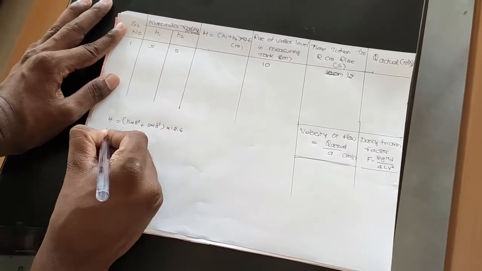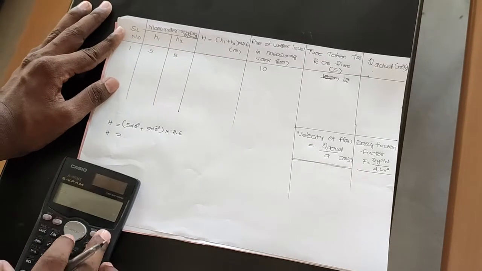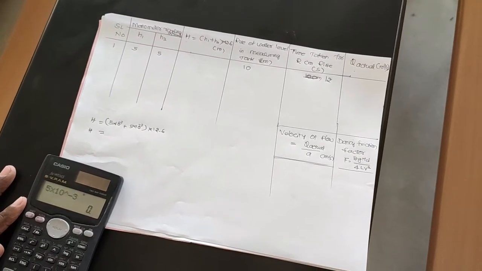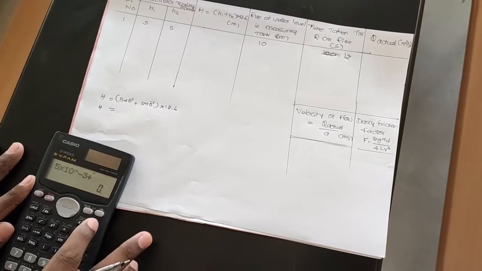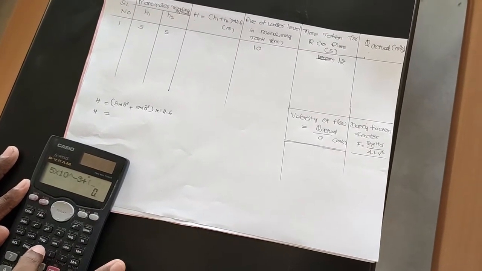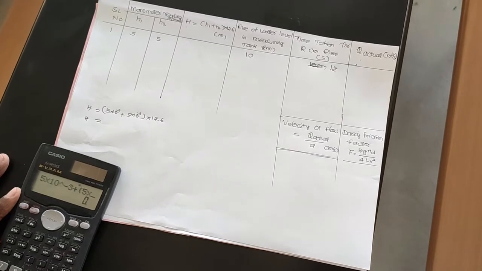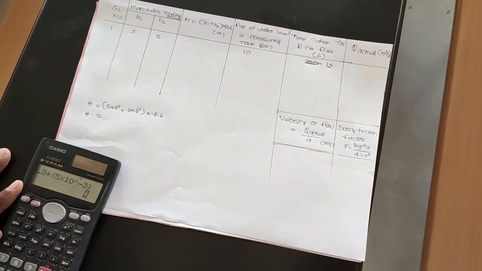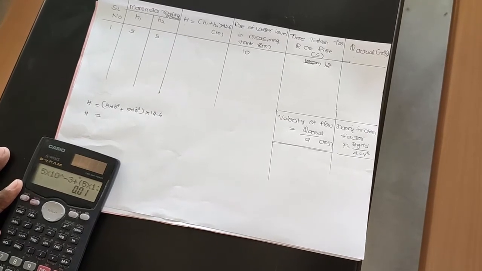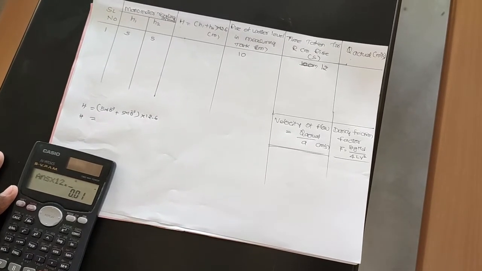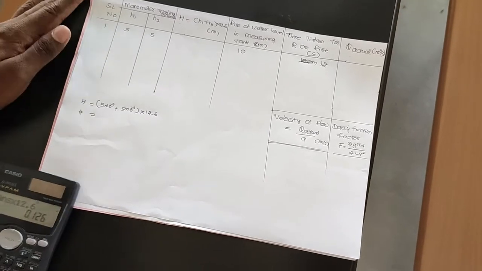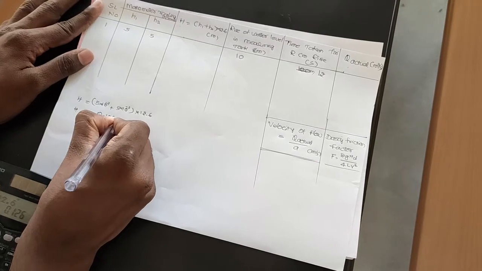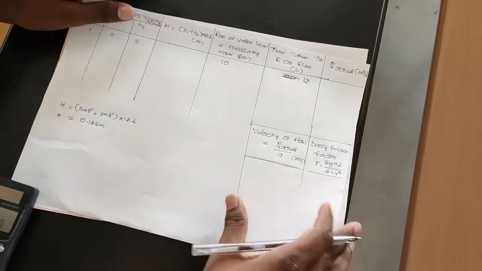So what is the value of H you are going to get? Just do the calculation. So 0.126 meters will be the head.